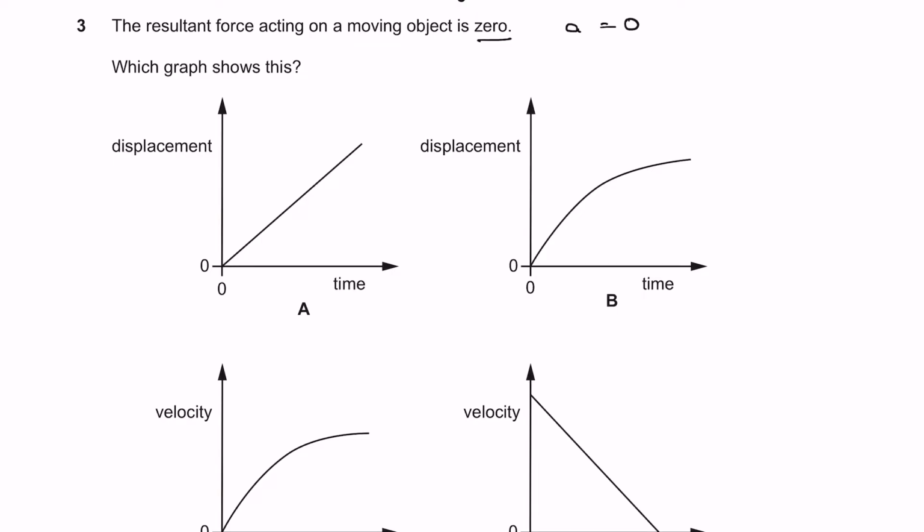And A will be the answer because over here, dv over dt is basically 0, because v is obviously dx over dt, and that is the gradient of this line. But when you talk about the gradient of a line which is straight and not a curve, then that itself will be equal to 0, and therefore A will be the answer here.